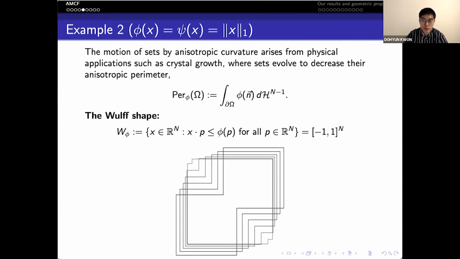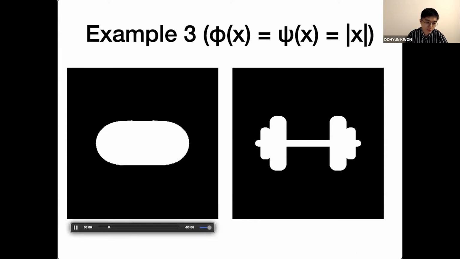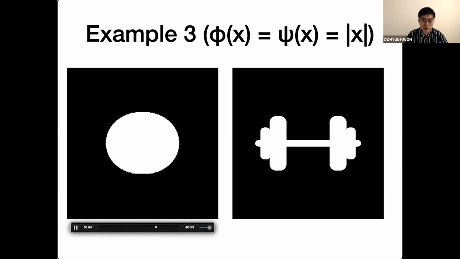I can give you more examples. For instance, if we have a dumbbell, then as time goes, in the isotropic case, where phi of x and psi of x are both the absolute value function, it will converge to a ball. And what happens if the dumbbell has a really thin part like that?